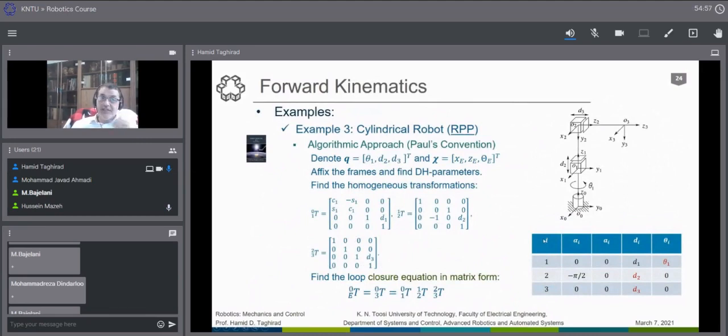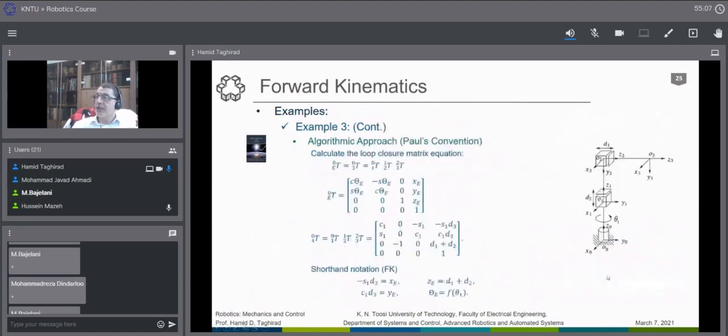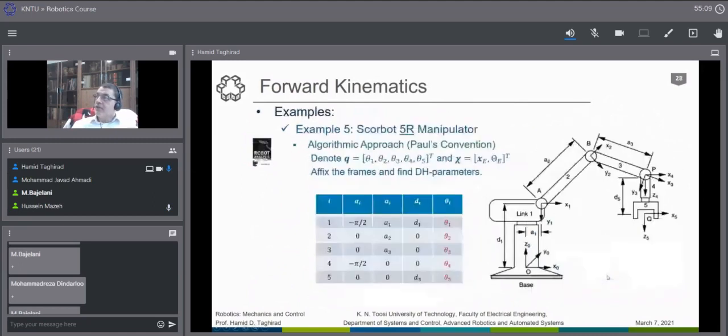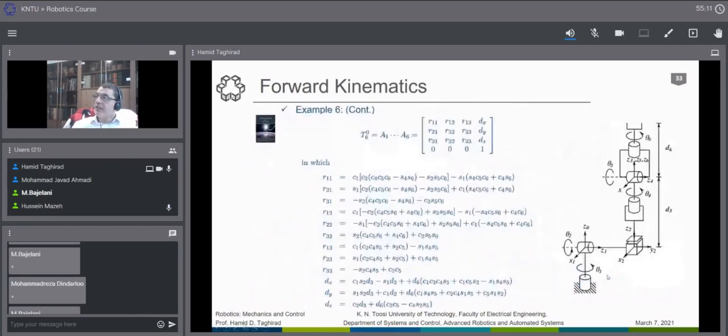After the class, he mentioned that there is a mistyping in here. These two should be interconnecting, therefore there is no A0 here. We put something wrong.